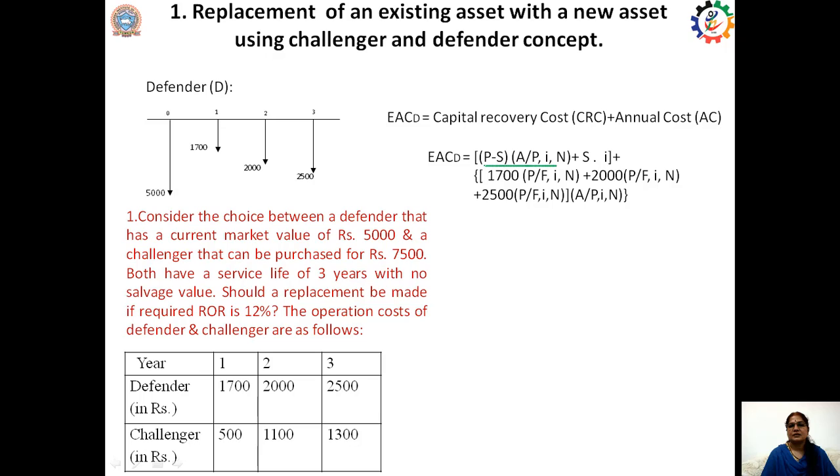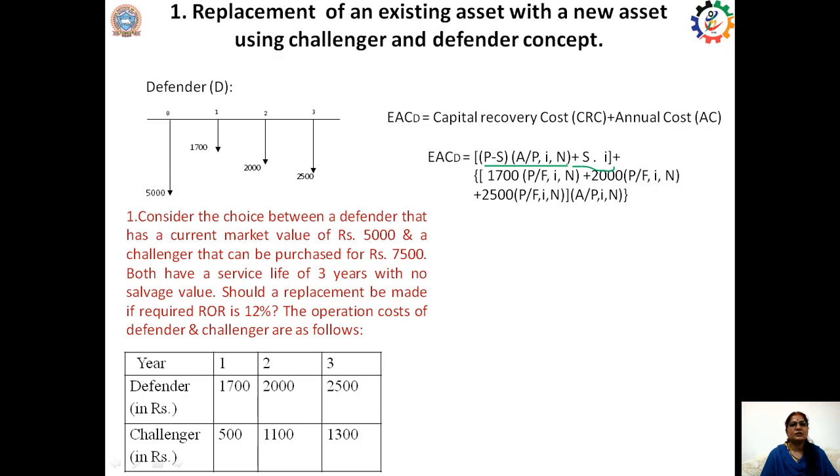This is A given P, I, N, the factor which converts present into annuity, and I is the interest rate, N is the life, plus S into I, which is salvage value into interest rate. This much is capital recovery cost, from the beginning to here within the square bracket, plus all other costs have to be considered under the banner AC.